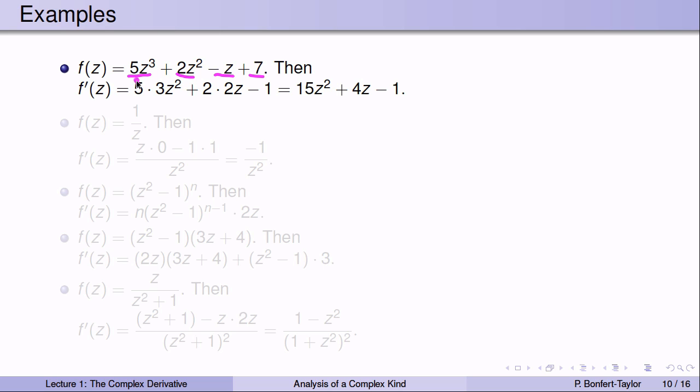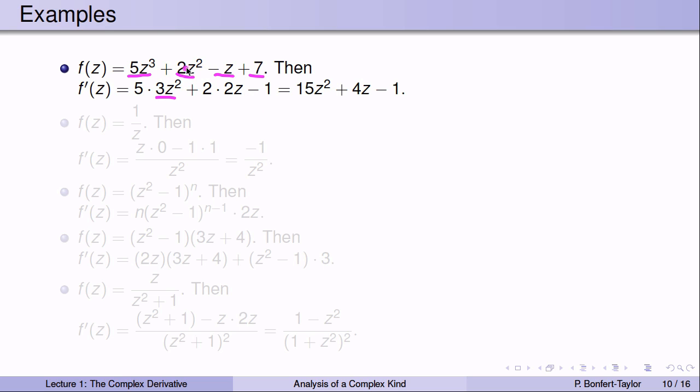Constants can go to the side: 5 times the derivative of z cubed. We just found the derivative of z to the n. That was n times z to the n minus 1. In other words, the derivative of z cubed is 3 times z squared. So the derivative of 5z cubed is 5 times 3z squared.